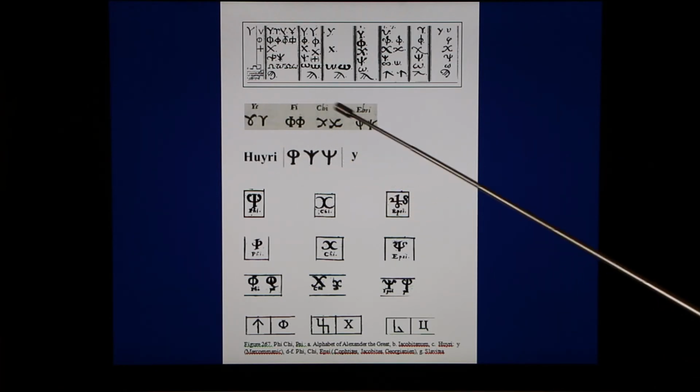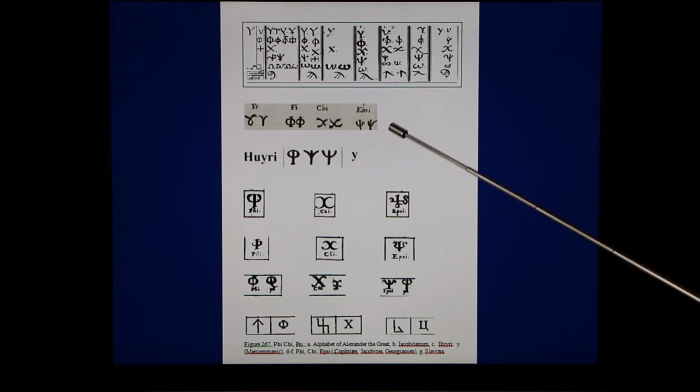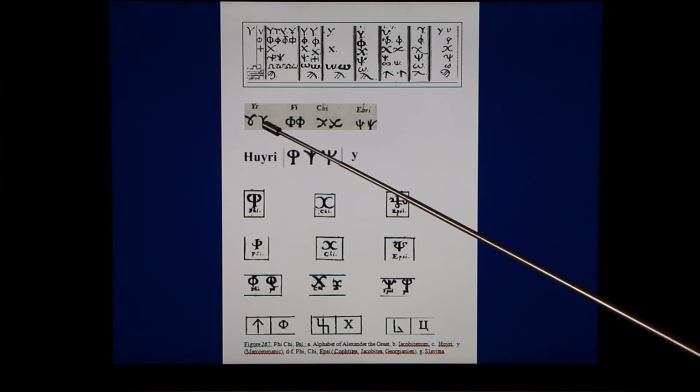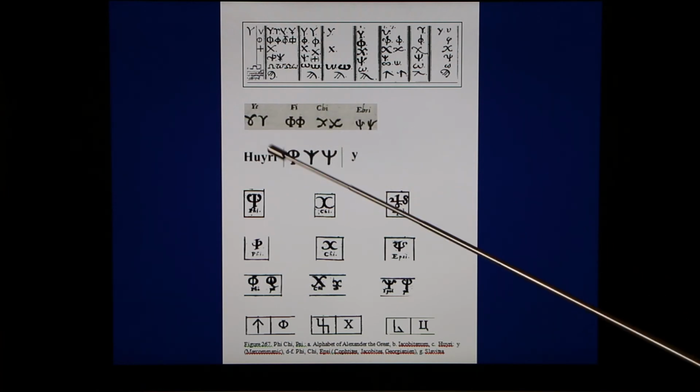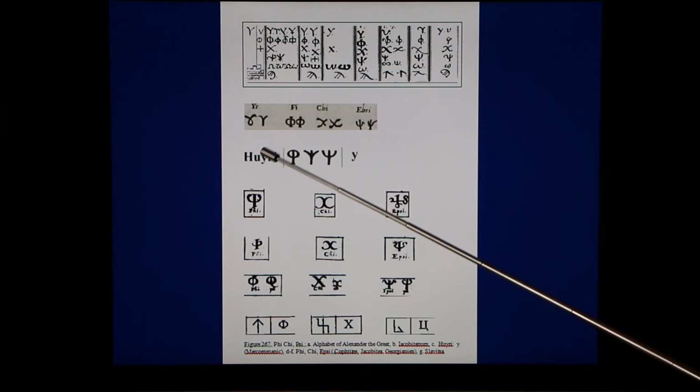And then here is another alphabet, Jacobiteum, and what do we have? Ye, Phi, Chi, Ebri. And what is this letter? This letter, ladies and gentlemen, is a letter that we now associate with the 8 symbol, but which is the essence of the male and is the ha of the breath of God.